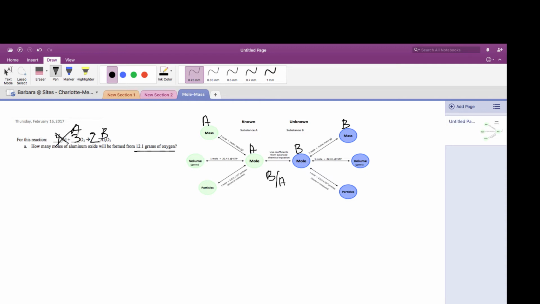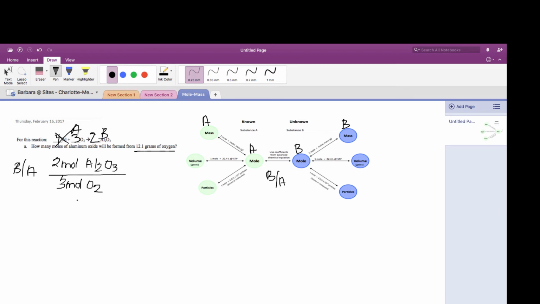We don't do anything with the aluminum, so we can cross that out just to make sure we don't use it. Let's get the mole ratio out of the way, since we are going between two different substances, from oxygen to aluminum oxide. When you write your mole ratio, it's written B over A. So we have 2 moles of aluminum oxide over 3 moles of oxygen.